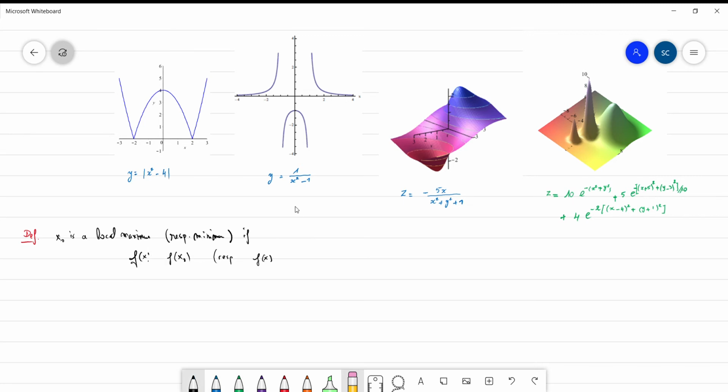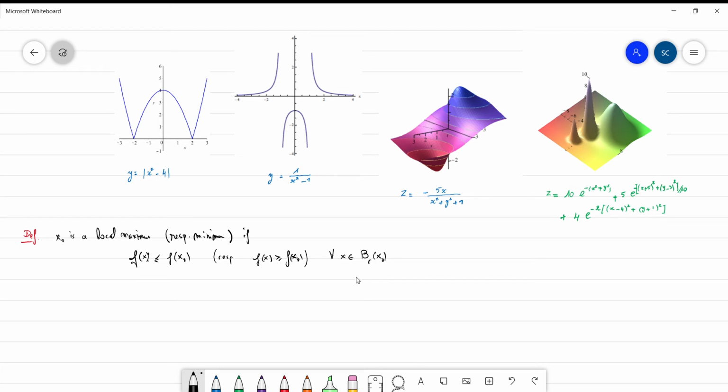Respectively for minimum, f(x) is greater than or equal to f(x0), so f(x0) remains the smallest value locally. Locally means for any x belonging to a small ball. It's enough to find a small r, even if it's very small.